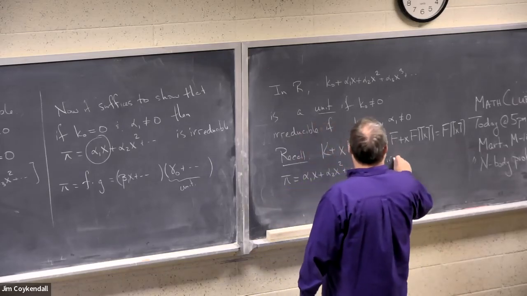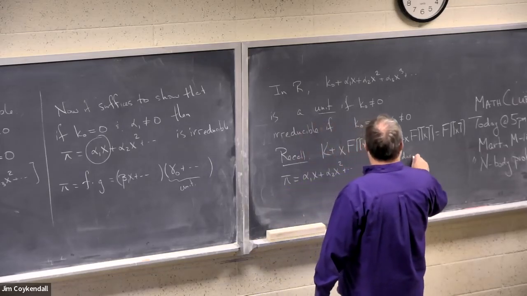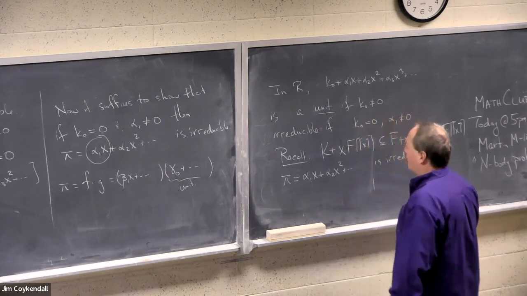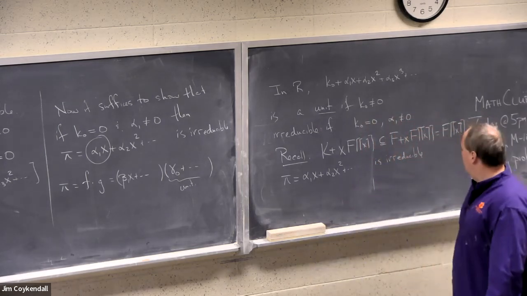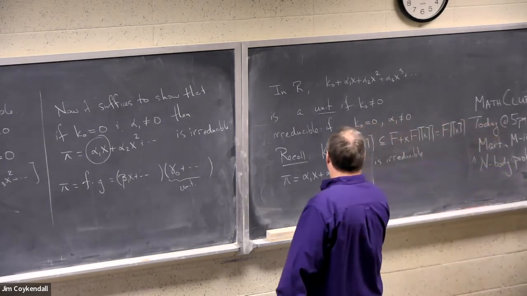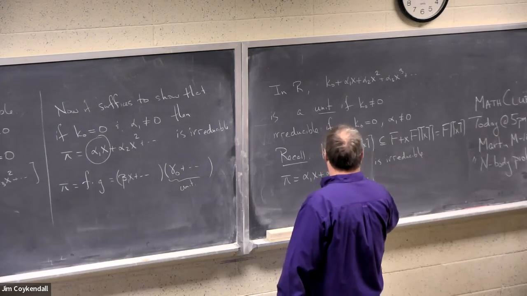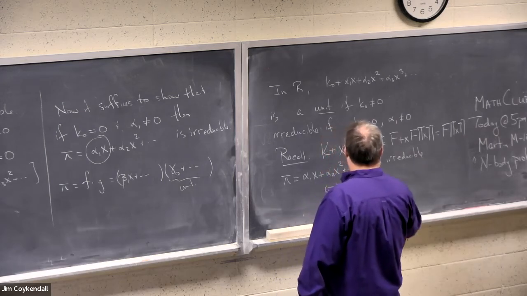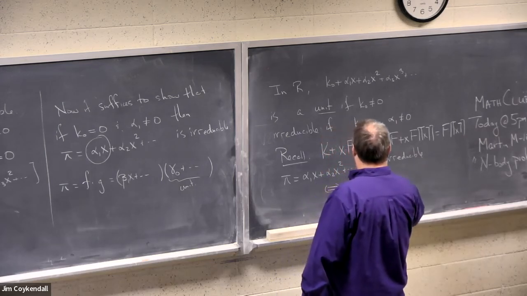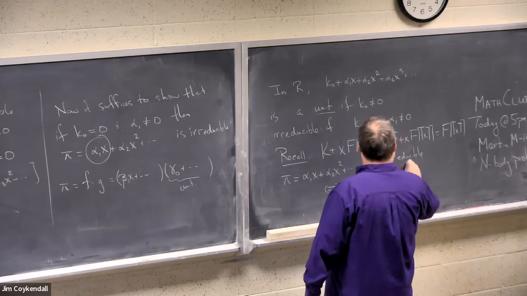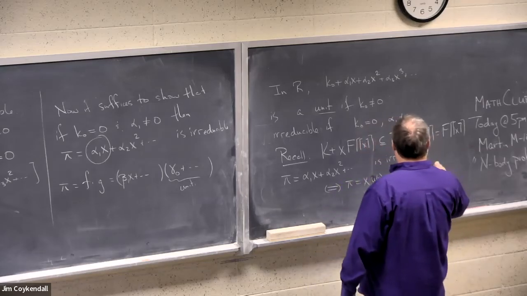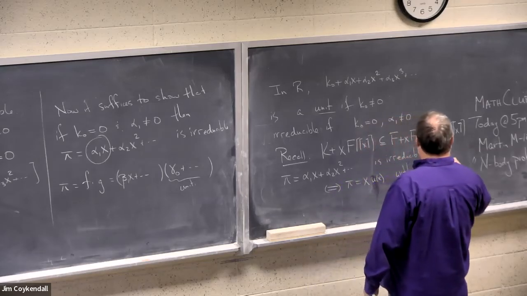It's irreducible if and only if pi is x times u of x, with u of x a unit.